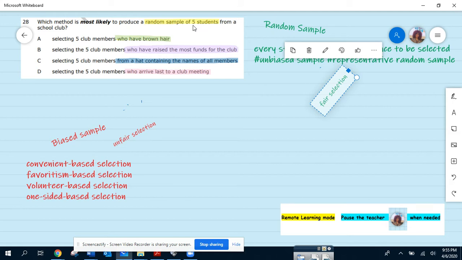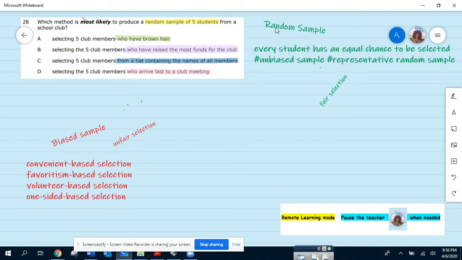Why are these statistical methods important? Because after the random sample, I draw some conclusions and then I extend this conclusion and apply it in real life.